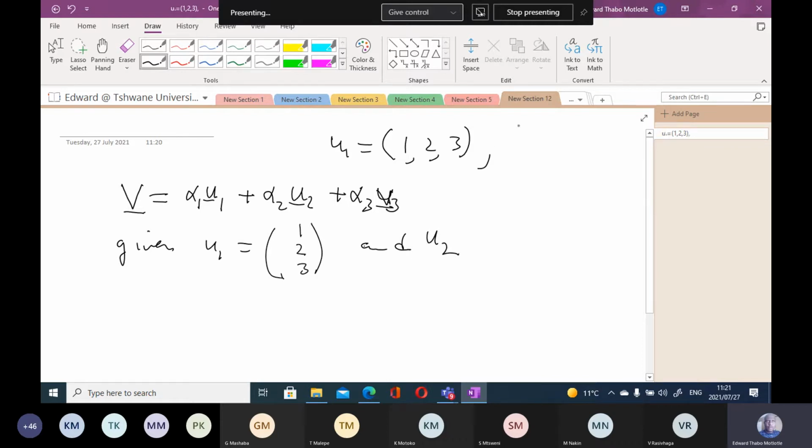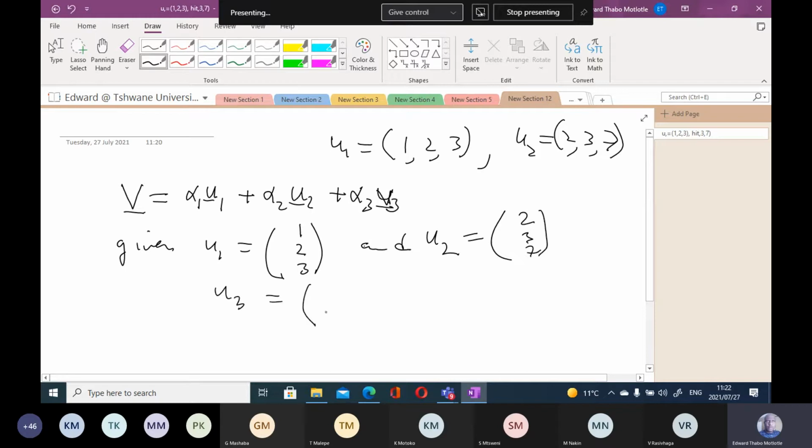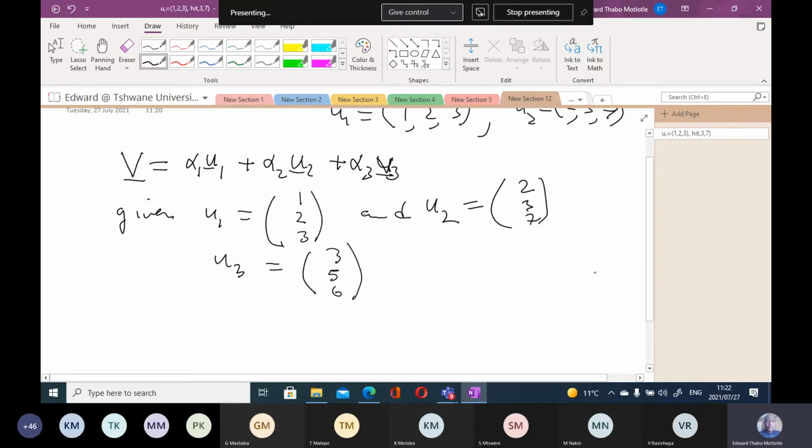U2 was given in this form: 2, 3, and 7. So I'm going to write it as 2, 3, 7. And similarly, U3 is equal to 3, 5, and 6. So this is what is given to us. And we are also given V. So what do we want to prove?